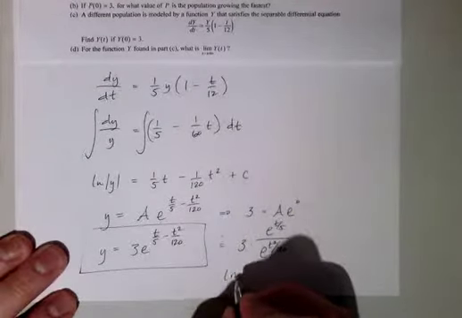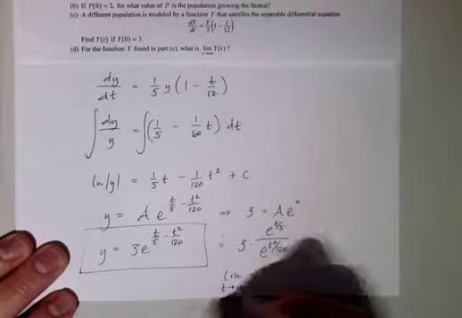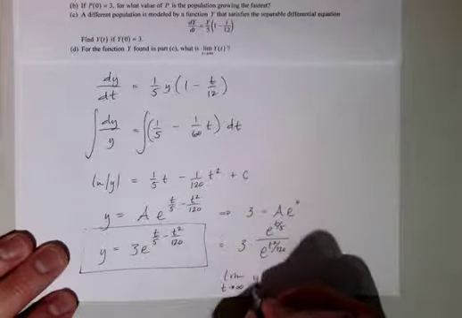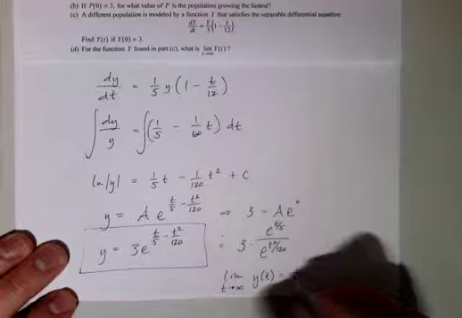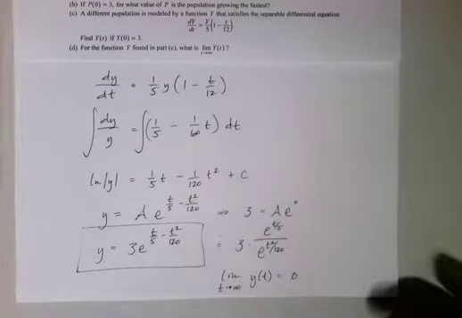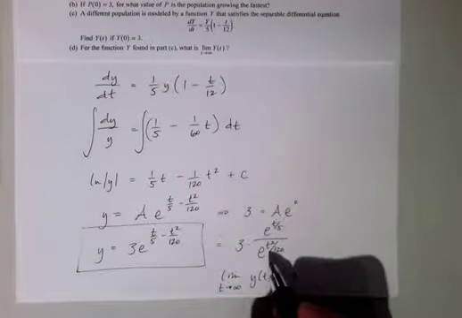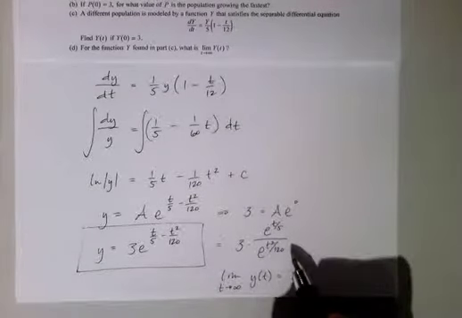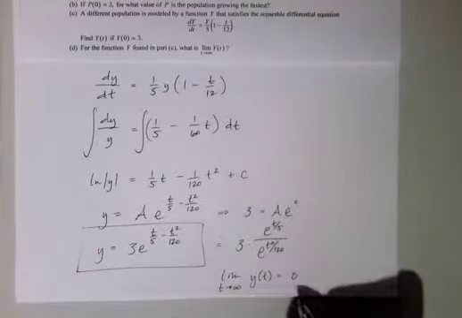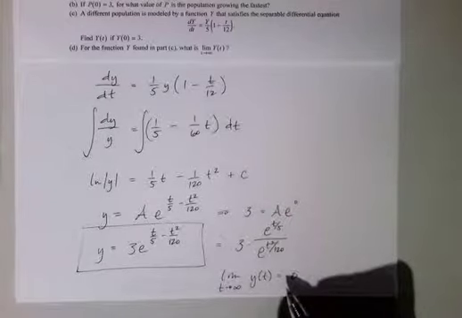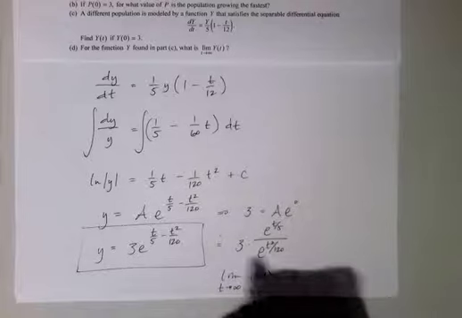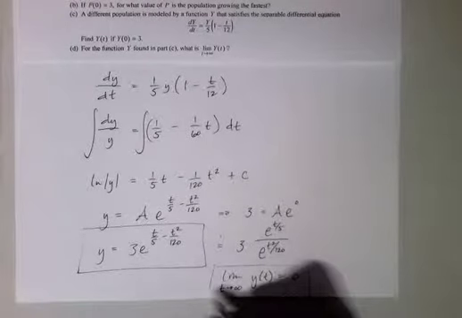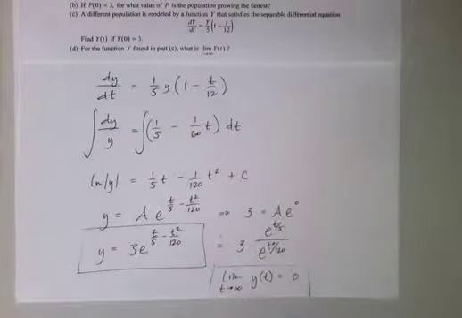So the limit as t goes to infinity of y of t is going to be 0. That denominator, since it's e raised to a quadratic instead of e raised to a linear, is going to increase so much faster that it's eventually going to drive that value towards 0. Okay, and that winds up being our value.